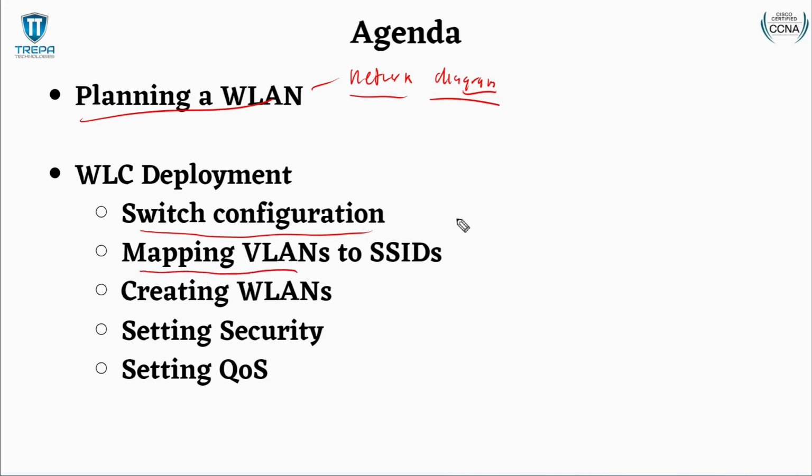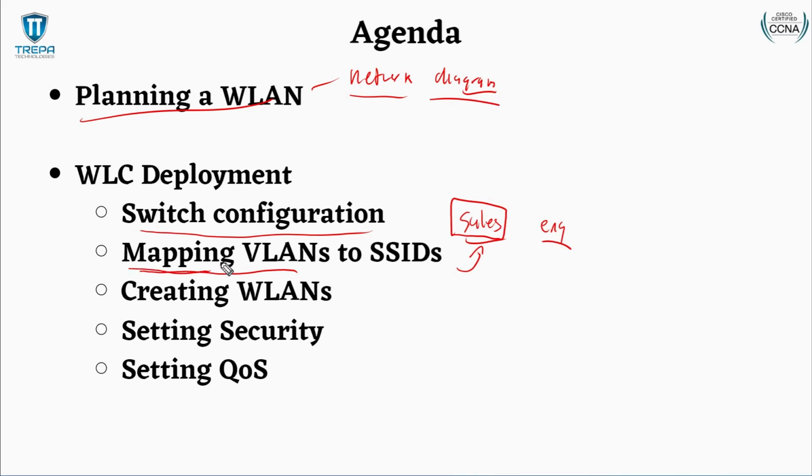Essentially, maybe on our wired network, our distributed system, we have the sales and the engineering VLAN. And now expanding that into our wireless network, how do we make sure that our sales and engineering users are connecting to the correct SSID that correlates to this sales broadcast domain? So, mapping VLANs to SSIDs.